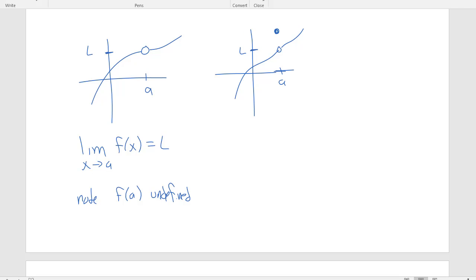So the function could be defined to be 1 when we get to x equals A. But again, the beauty of the limit is we're never getting to x equals A. We're approaching A. So whether the function is defined at that point doesn't matter. It's as we get really, really close, what are the y's trying to get to?